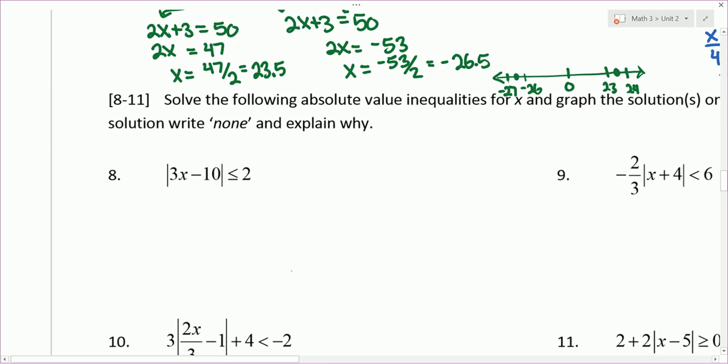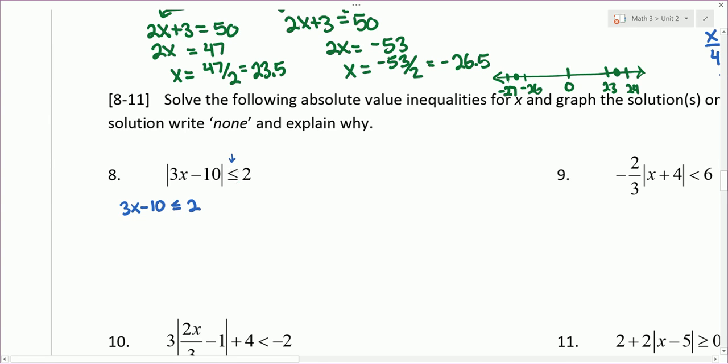So in number 8, we are going to split this up into two problems. One is 3x minus 10 is less than or equal to 2. So I'm pretty much rewriting it, just dropping the absolute value sign. The sign that we're starting with is a less than or equal.